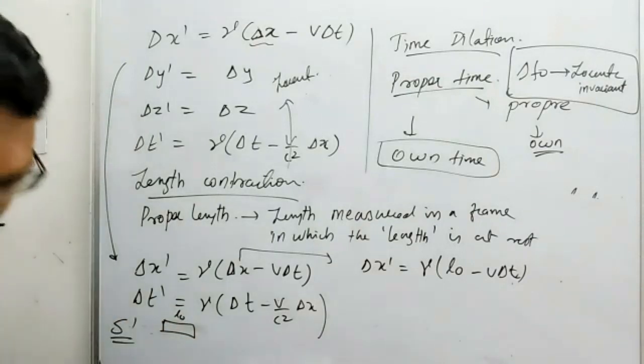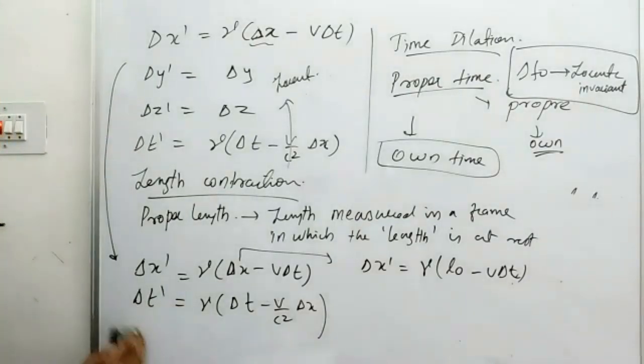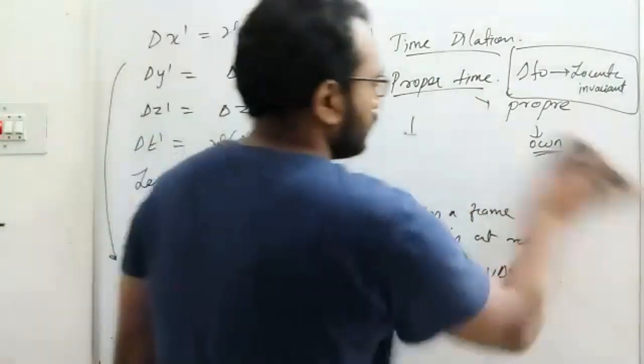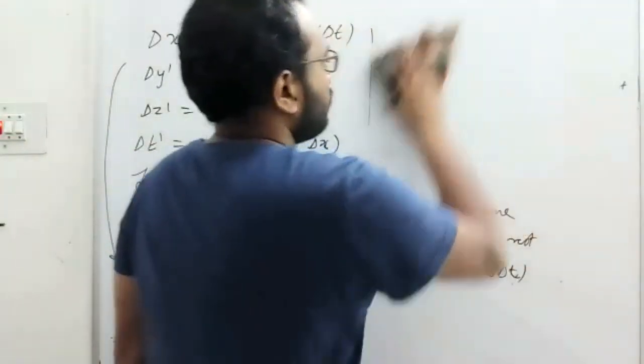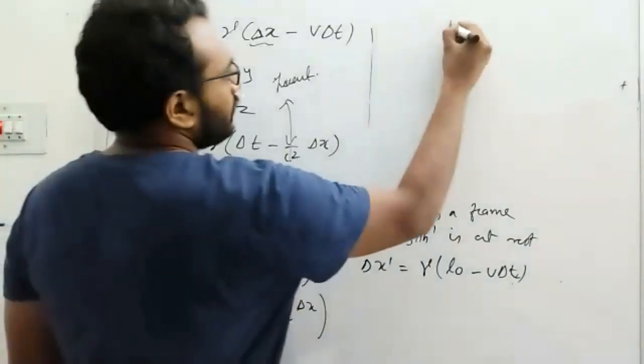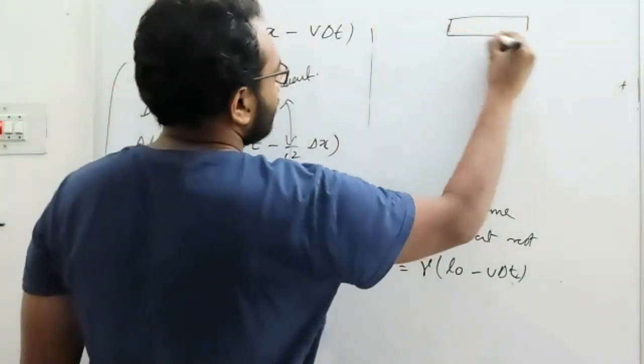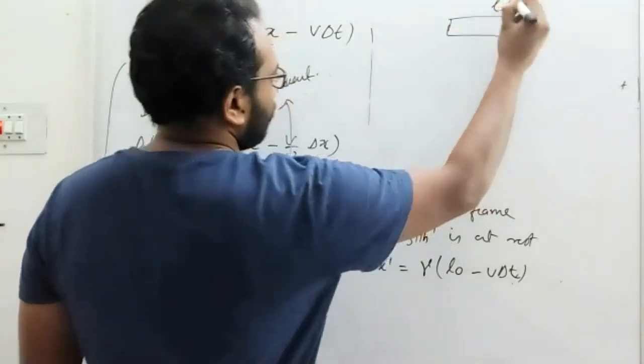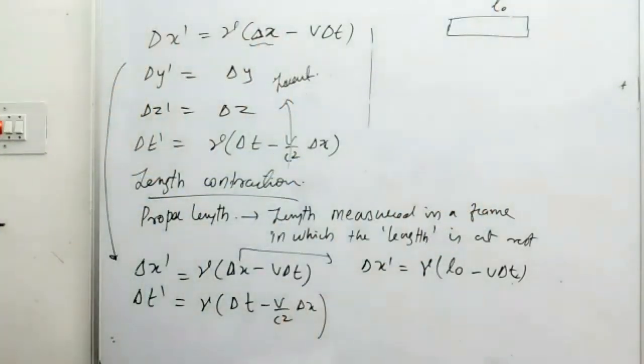It could be a meter scale with length 1 meter. You have this meter scale of length 1 meter, or L0, when it is at rest.